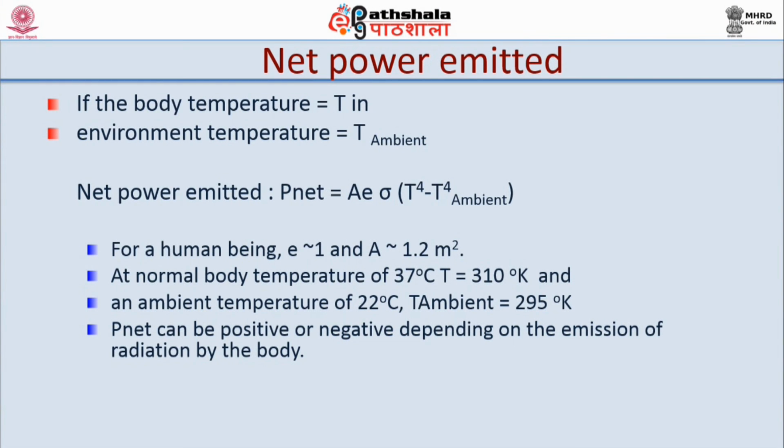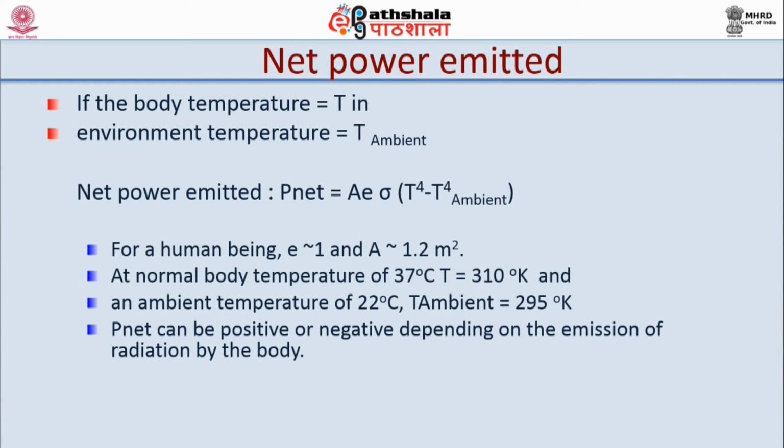Let us calculate if the body temperature is T and the ambient temperature, that is the surrounding temperature, is T ambient. When you calculate the net power, that is how much is given out, P net is A into E into sigma into T to the power 4 minus T ambient to the power 4.